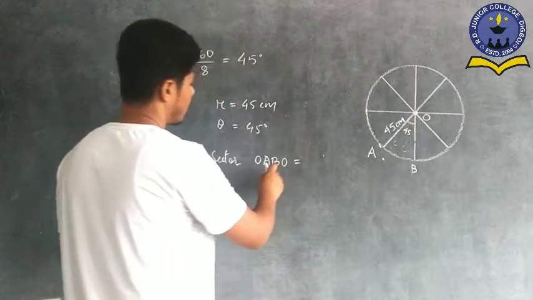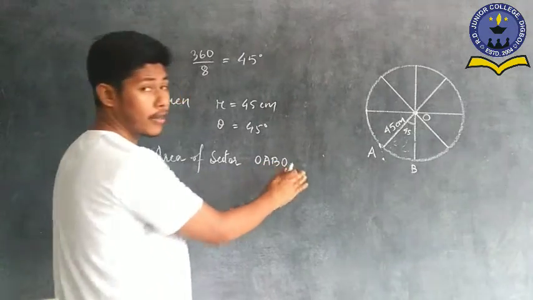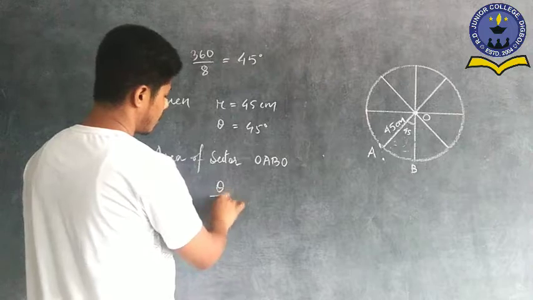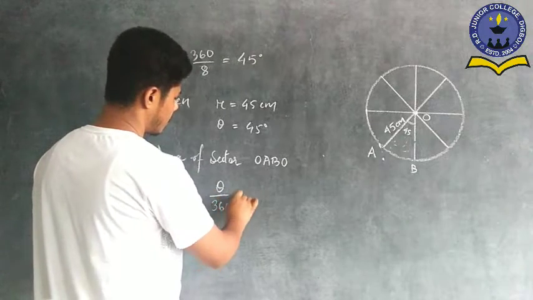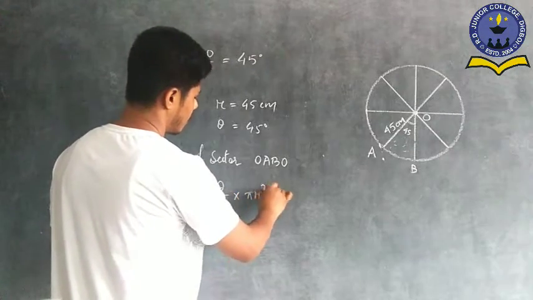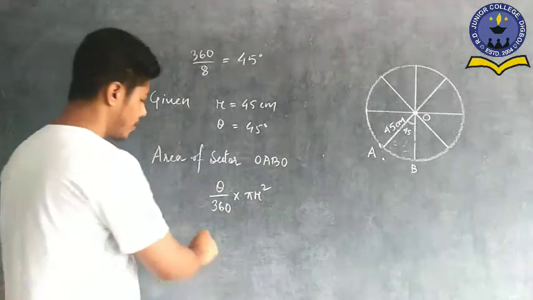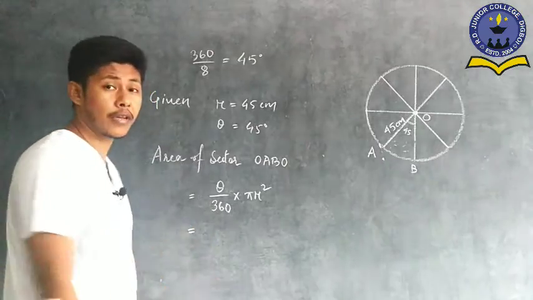Area of sector OABO equals how much? What is the formula? Area of sector OAB equals theta by 360 into pi r square. So this is the formula, the area of sector formula. If you apply this formula, easily we can calculate the result.